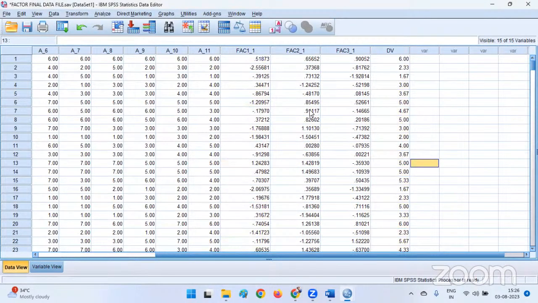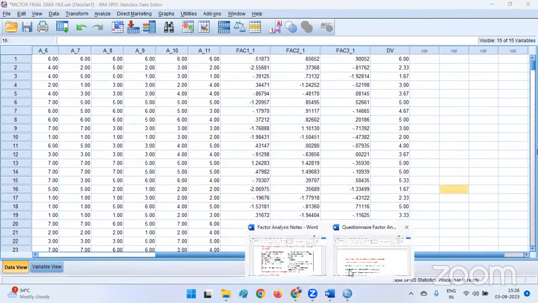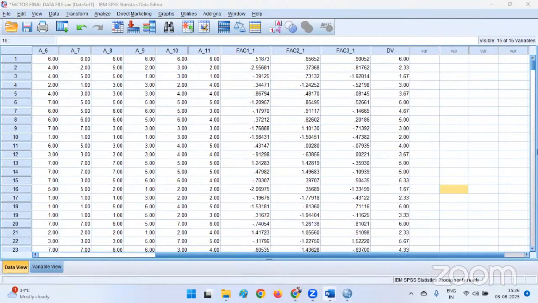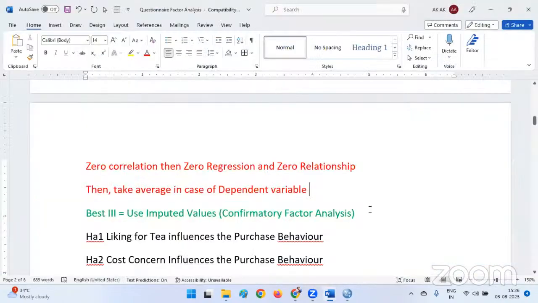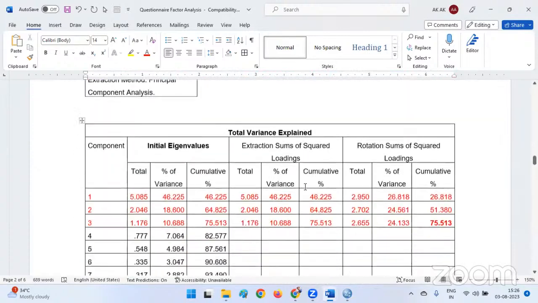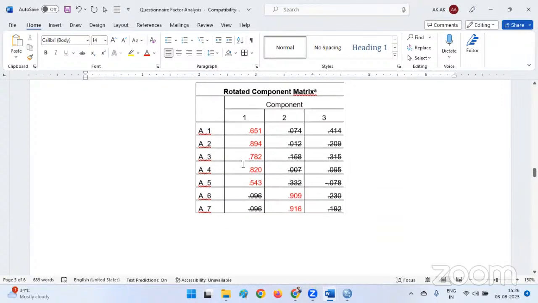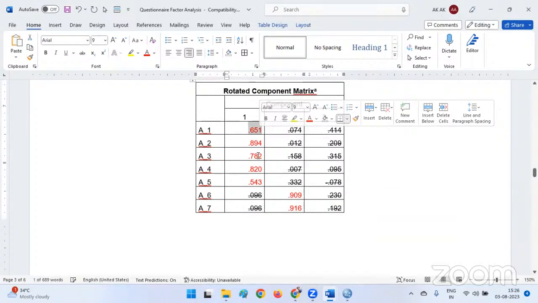Before we go further, I would like to show you something. I earlier mentioned the factor loading. Where is the factor loading? This is the factor loading.